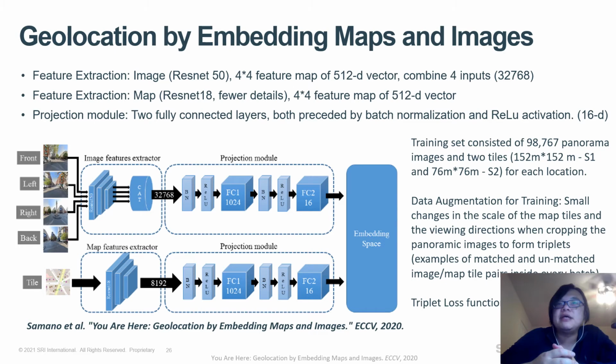This embedding space is trained using typical data augmentation techniques and the triplet loss function. The trained embedding space can encode the query image and the reference OpenStreetMap data into a low-dimensional vector, a 512-dimension vector.